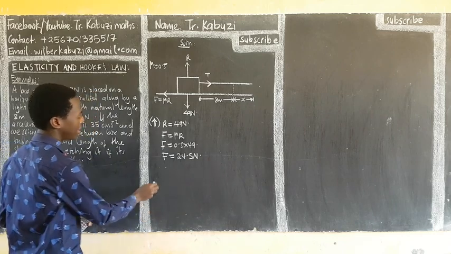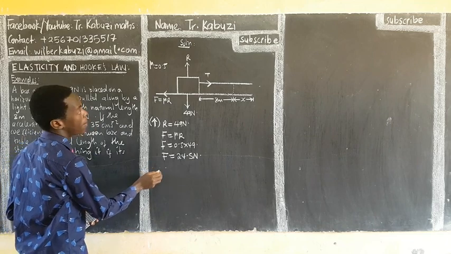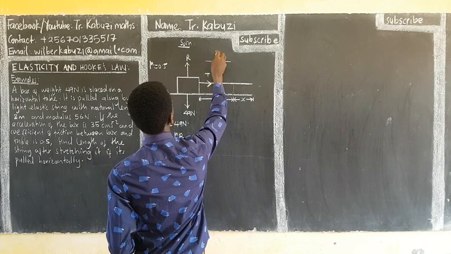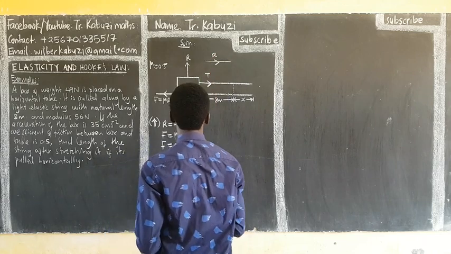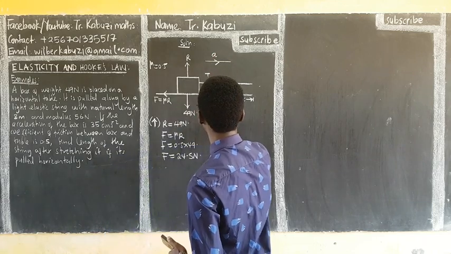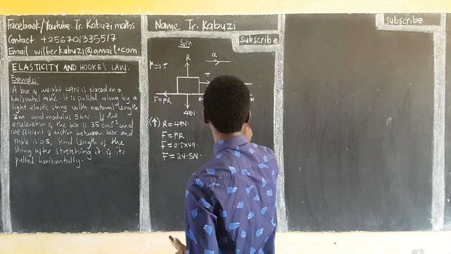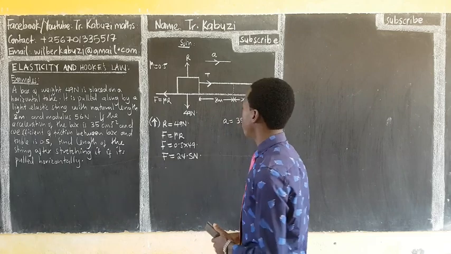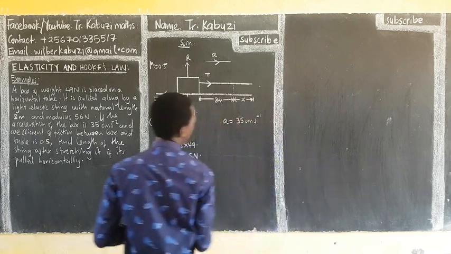Okay, now let us see what happens. Remember this one is accelerating in that direction. So that's where acceleration is occurring. But they give us the acceleration as 35 centimeters per second squared. This means we first convert this to meters per second squared.